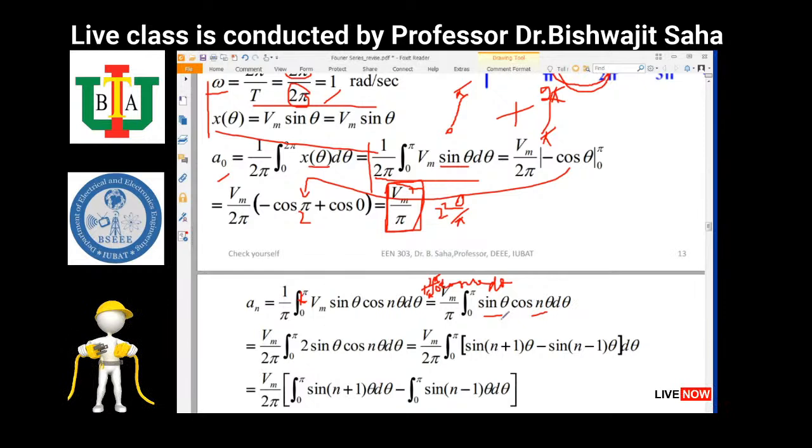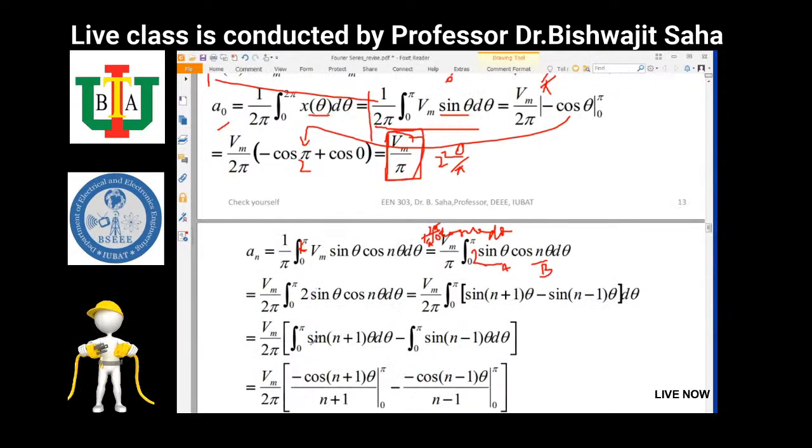This is sine A cos B, so for that we have to multiply by 2. So in the next line we have 2 sine theta cos n theta d theta. We consider these two and they cancel out, so the original equation keeps itself.